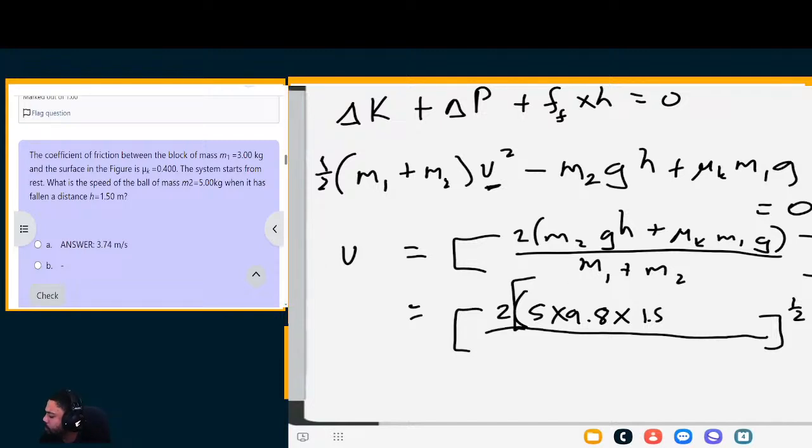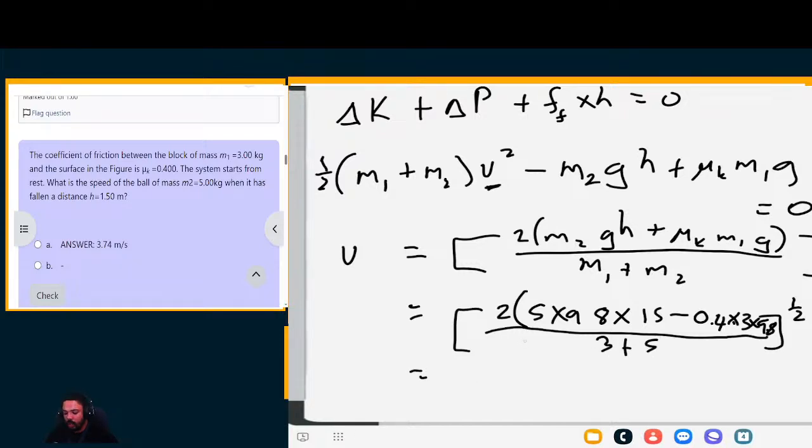Minus mu, which is 0.4, times 3, the mass of m1, multiplied by g, which is 9.8. Okay, I know I'm writing a bit illegibly, and then m1 plus m2 is nothing but 3 plus 5, which is 8.